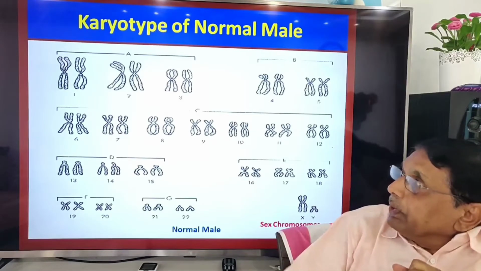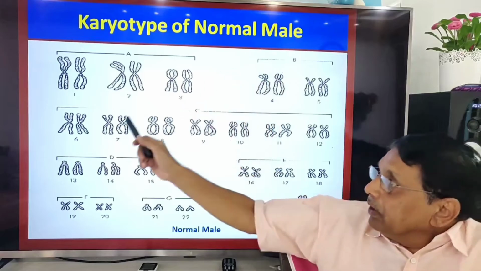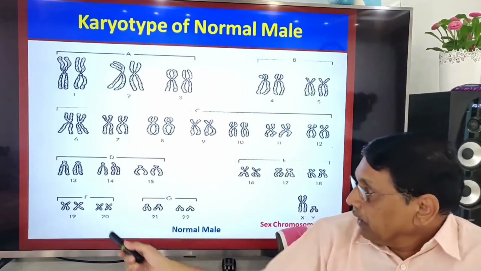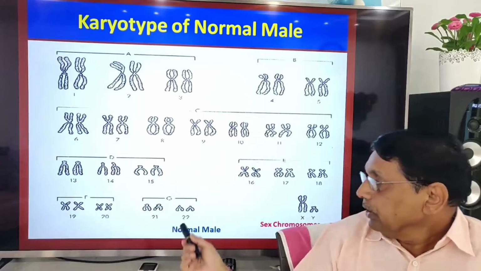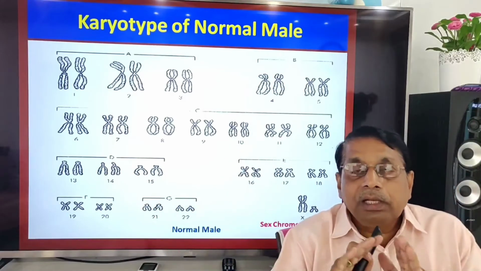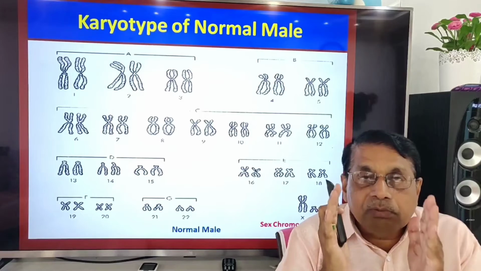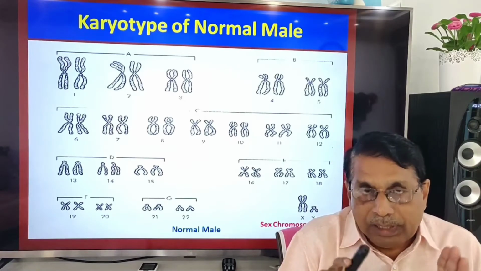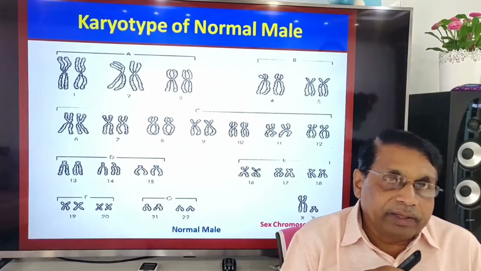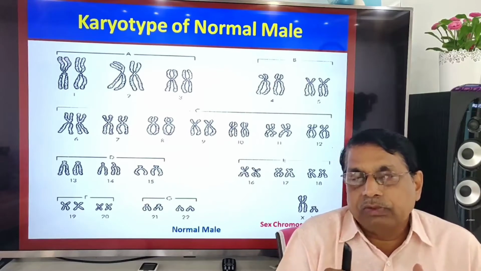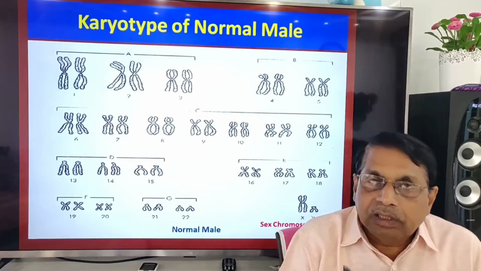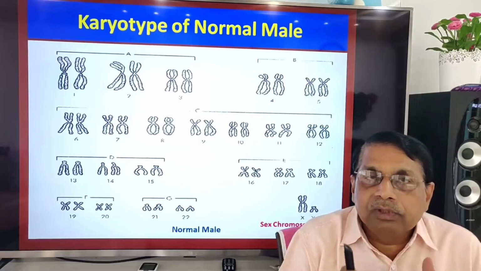These are grouped A, B, C, D, E, F, G. So in a normal male, the karyotype will be 22 plus a pair XY. This is a normal situation. If the chromosomes are like this, then that male individual will be normal.